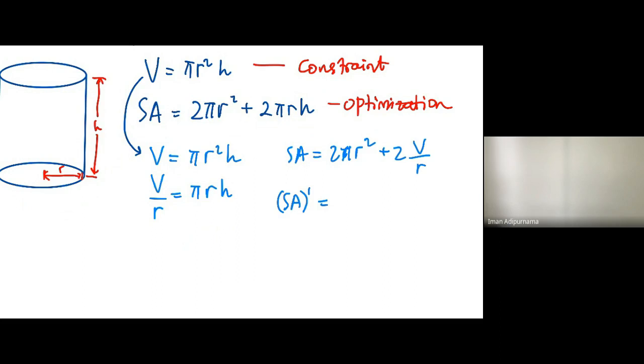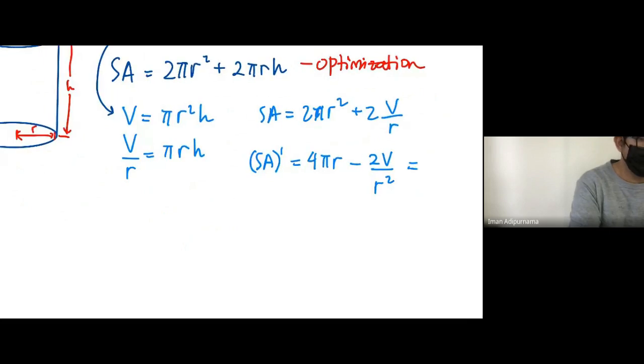Our variable is only R. The derivative is 4 pi R minus 2V over R squared, and we take this equal to 0.